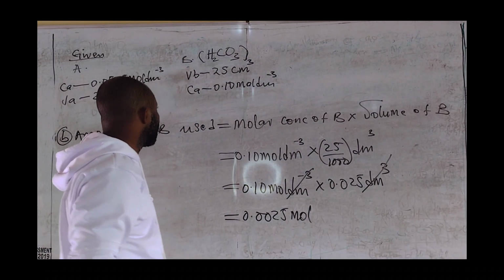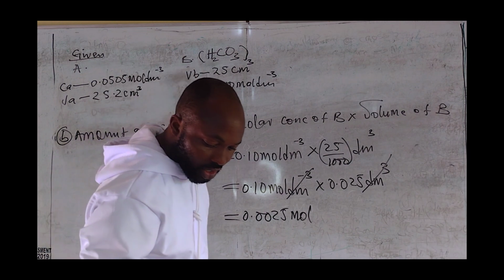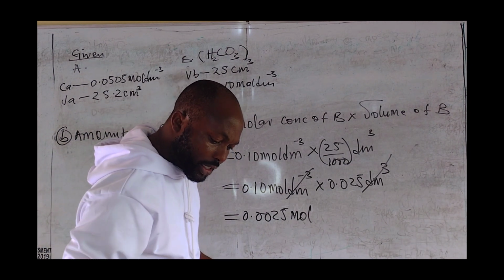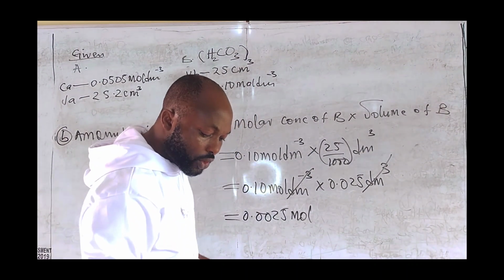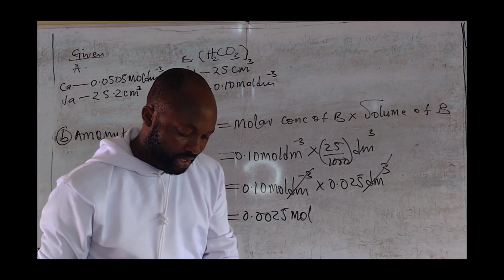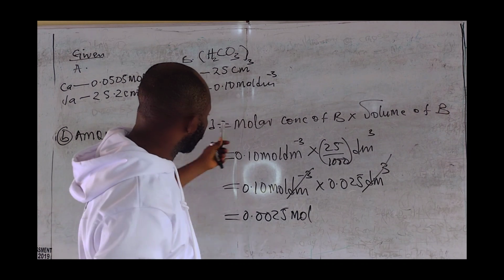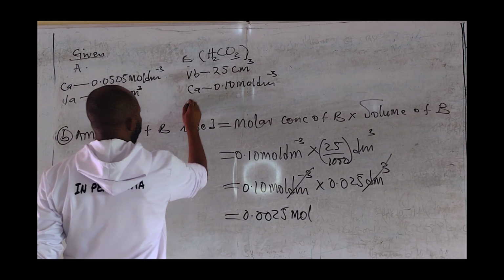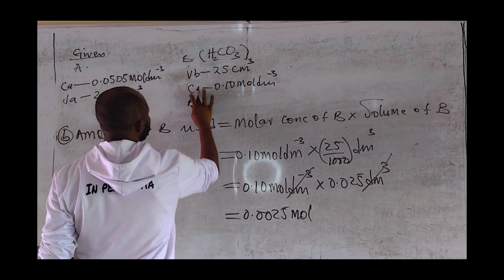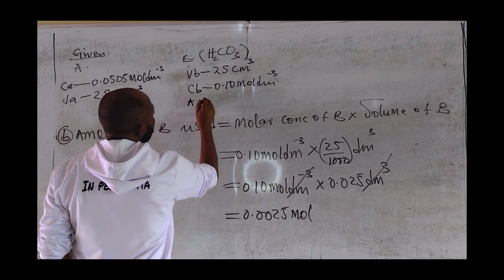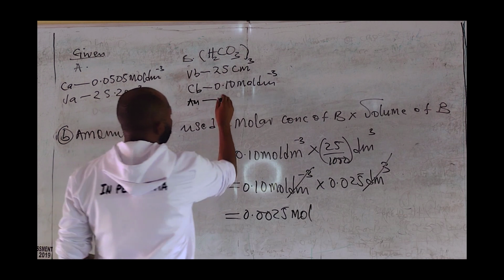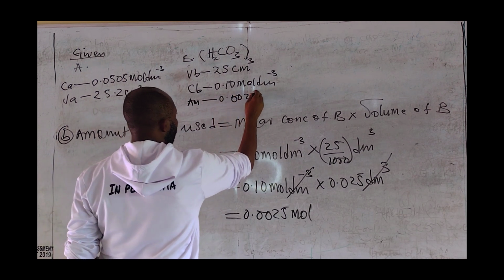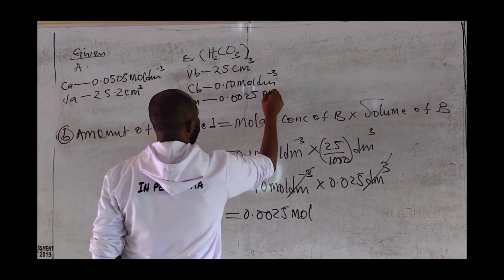Now, like the other one, the C says mole ratio of acid to hydrogen trioxocarbonate IV. There again, I forgot. Let me put the value here. Amount of the base is 0.0025 mole.